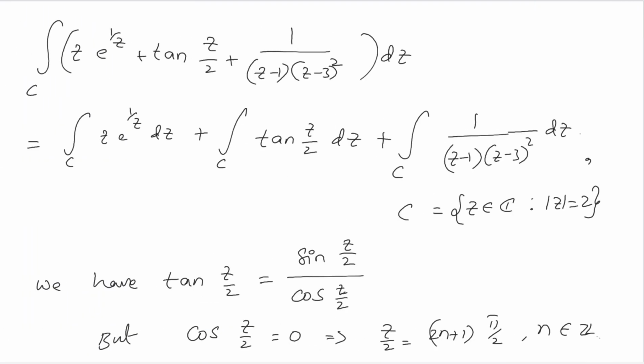So we have z is 2n plus 1 into pi, and n is any integer. That implies z are nothing but the values pi, minus pi, 3 pi, minus 3 pi, and so on.